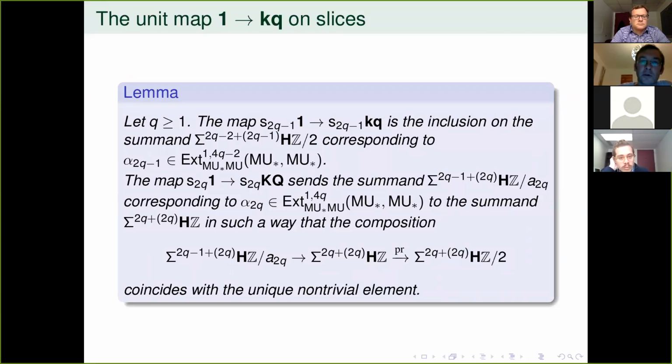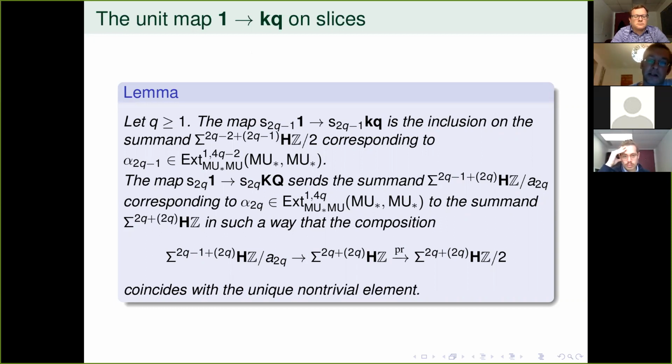It looks like some kind of image of J argument, but basically it's just using the previous argument, the differential for algebraic K-theory, passage to algebraic K-theory.